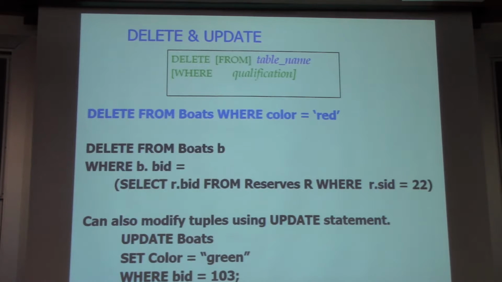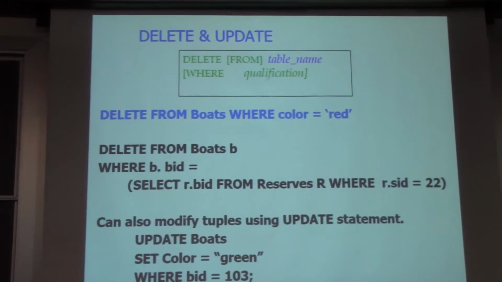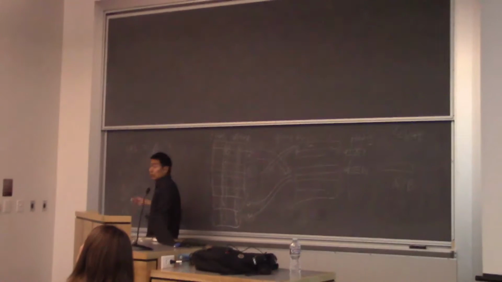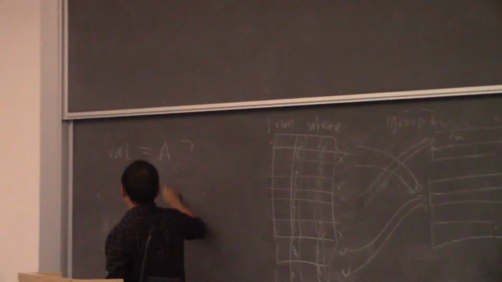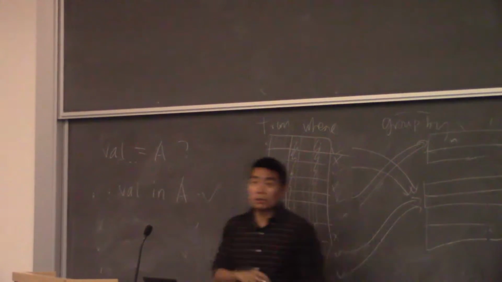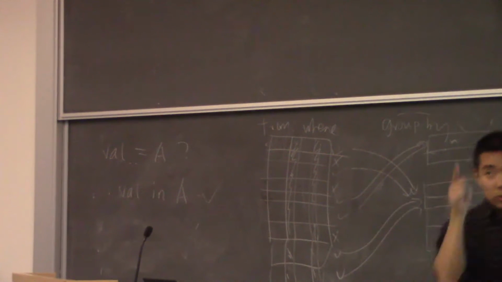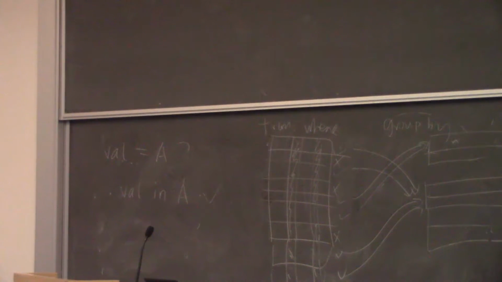This is not well defined, right? So change this to in. So some systems may reject this. Some systems may implement this as a convenience for the programmer. I know what you mean. You mean in. Okay, let's do it.